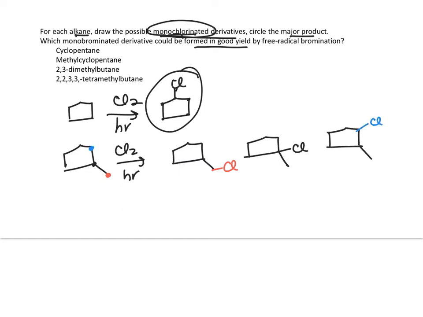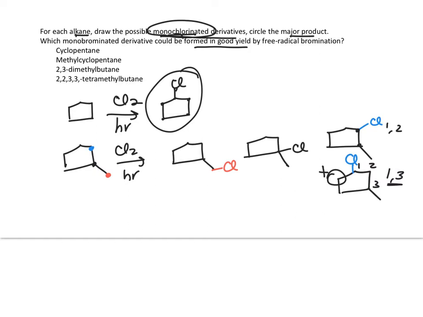And now you also have to count. This is a 1, 2. You can also get a chlorine here, so that would be a 1, 2, 3. That would be a 1, 3. And if you get the chlorine here, that would still be a 1, 3. Those are the only products you can get for the monochlorinated compound.